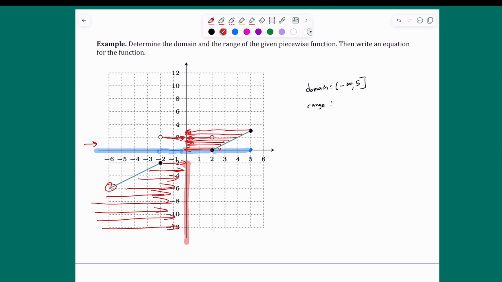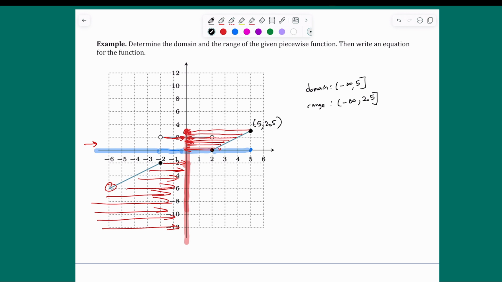And it looks like it finishes right about there, around 2.5. And so from this quick observation, looks like we're hitting every y value from -∞ to about 2.5. And then it looks like it's inclusive because of that point here, which appears to be at (5, 2.5).